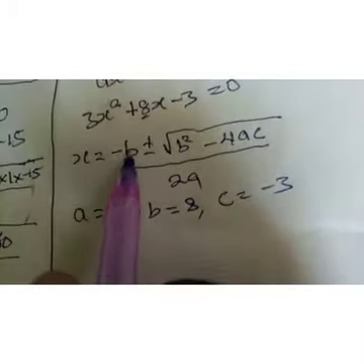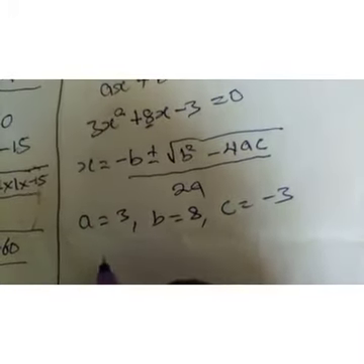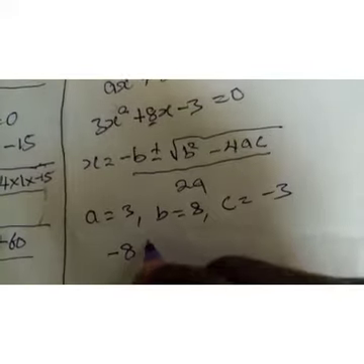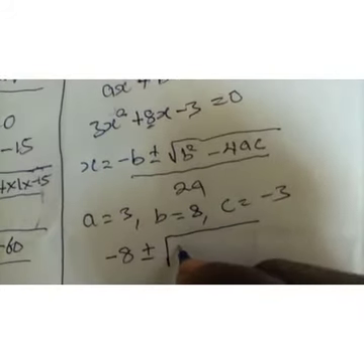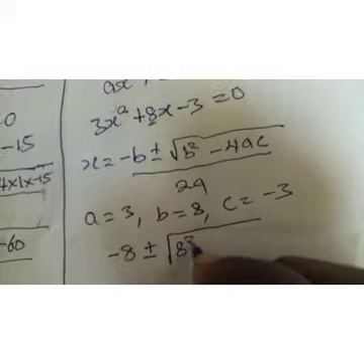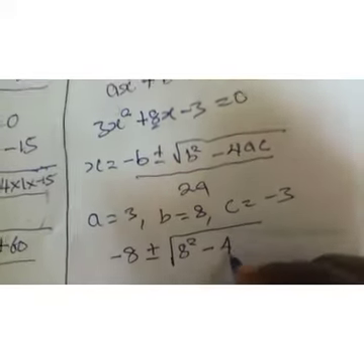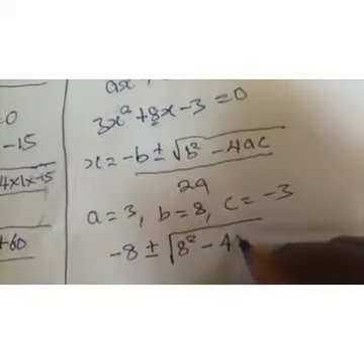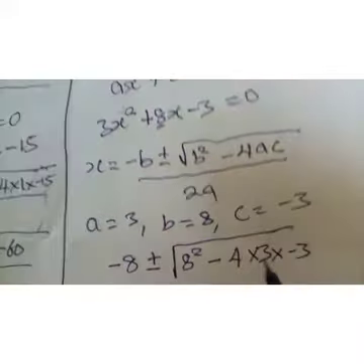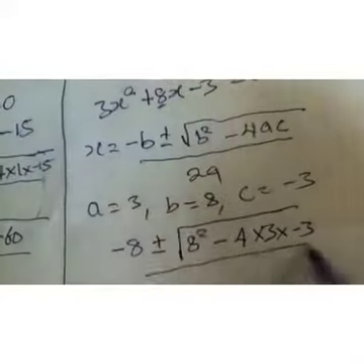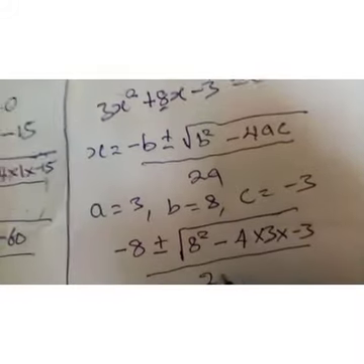So without taking much of our time, this now will be negative 8 plus or minus square root of b squared, which is 8 squared, minus 4 times 3 times negative 3, because our c is negative 3 and our a is 3, all over 2 times 3.